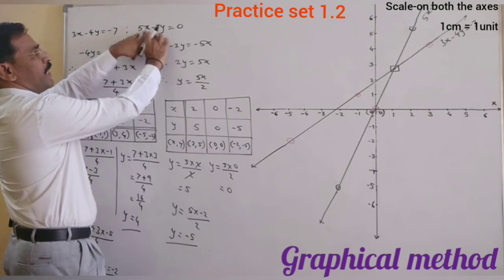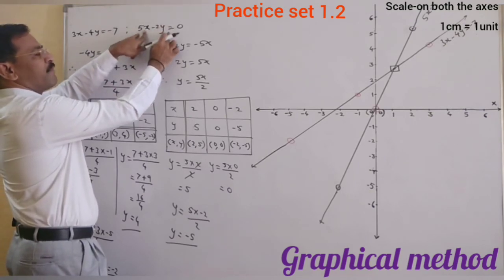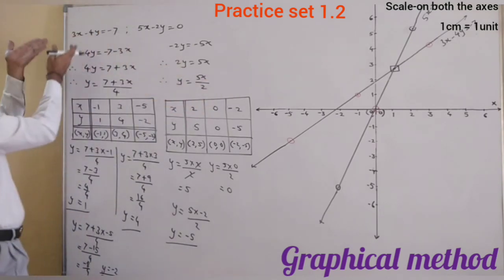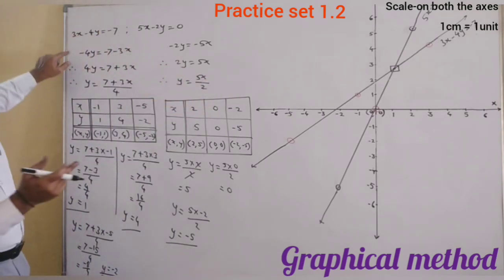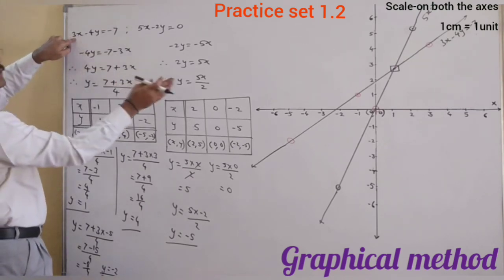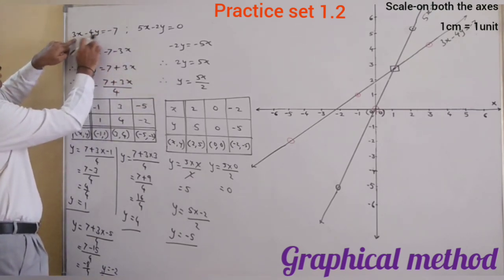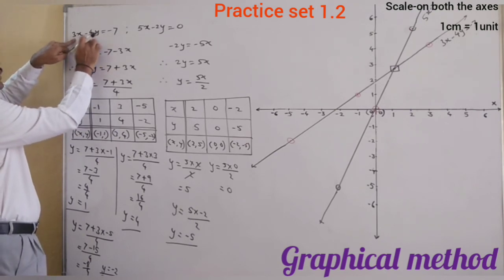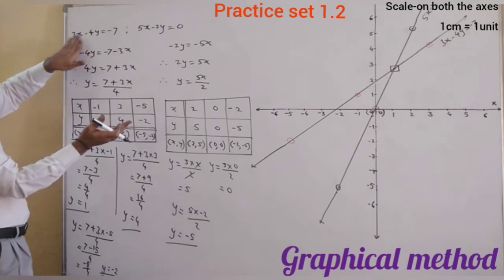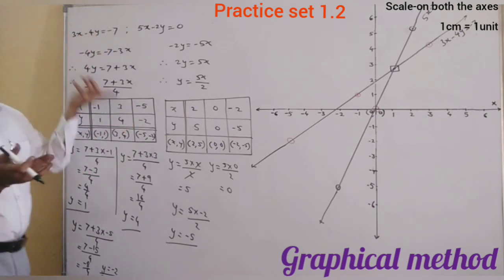5 ones are 5, and 2 into 2.5 is again 5. 5 minus 5 is 0. Similarly, that particular point we can put in the other equation also and verify. That is 1, 3 ones are 3. And here, we put 2.5. But how much do you get here? 4 into 2.5? Obviously, it is 10. So 3 minus 10 will come minus 7.